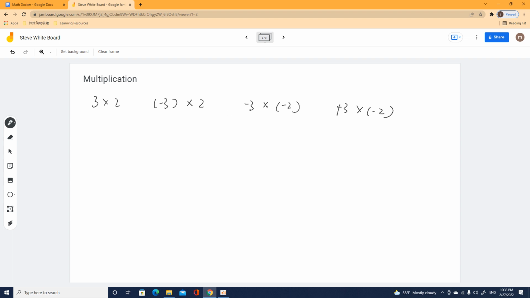In order to find the result of multiplication, I also give you some rules.